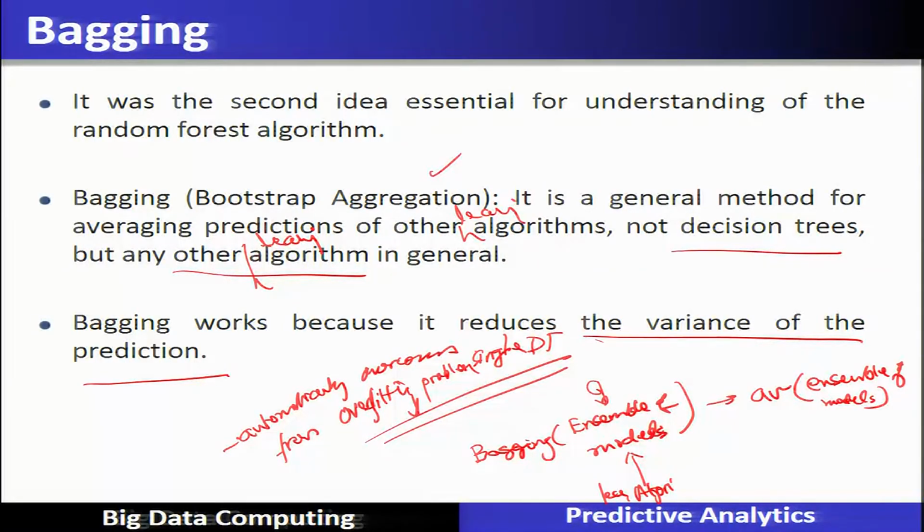So, bagging is an important idea which is essential to the understanding of the random forest. Bagging is nothing but bootstrap aggregation. It is a general method for averaging the predictions of different learning algorithms and the models thereby. It is not only confined to the decision tree, but any other learning algorithm can be used here for bootstrap aggregation. So, bagging works because it reduces the variance of the predictions.